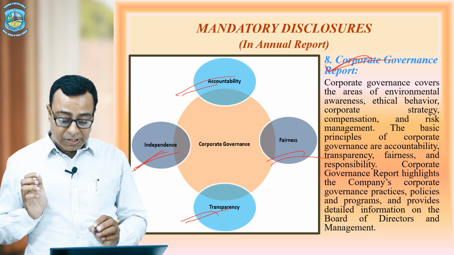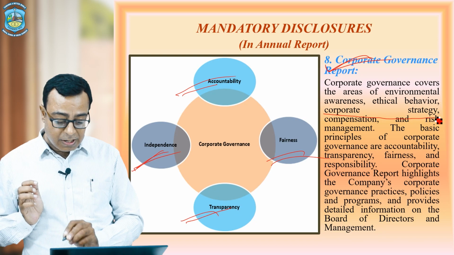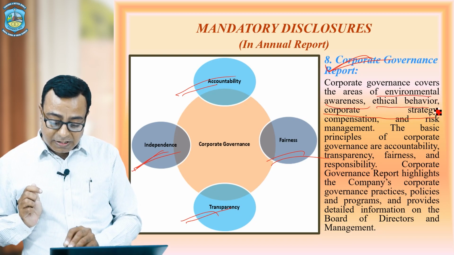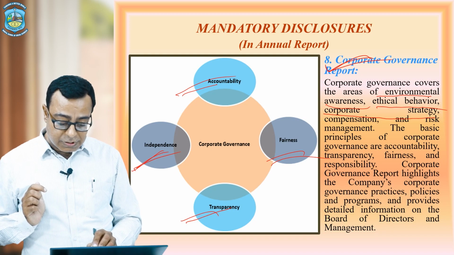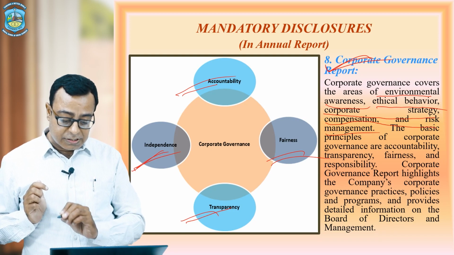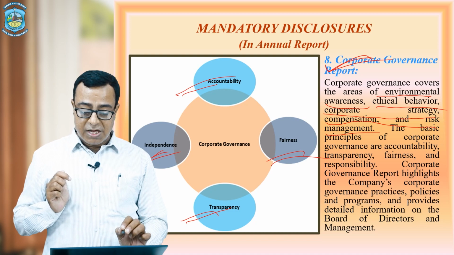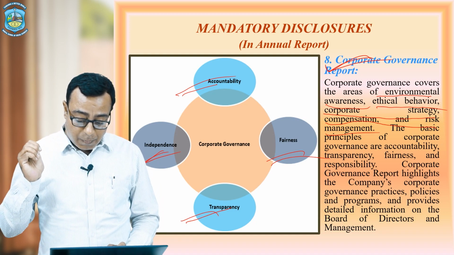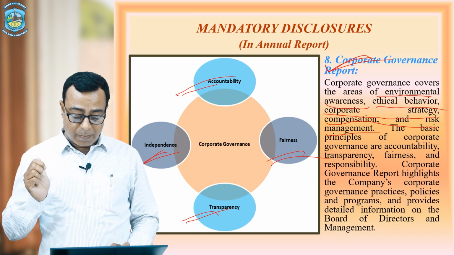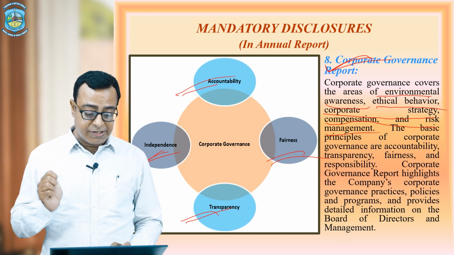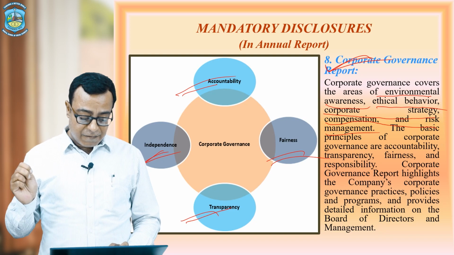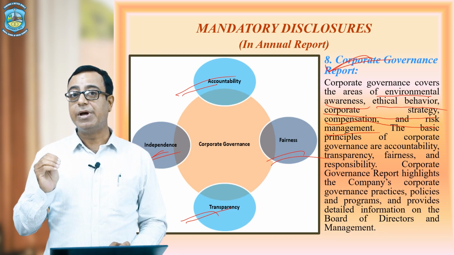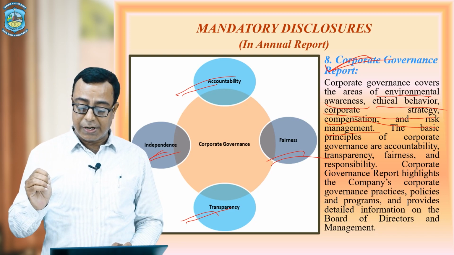It includes corporate strategy, environment awareness, ethical behavior, compensation and risk management. I repeat, the four major principles of corporate governance are accountability, fairness, transparency and independence.